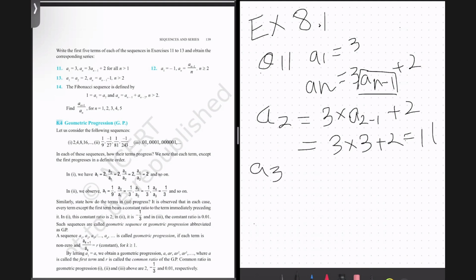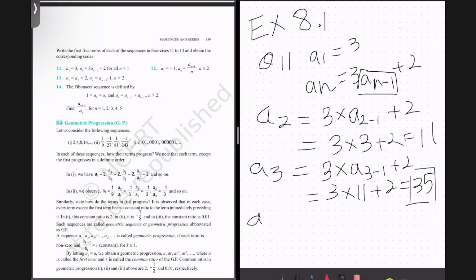Moving on to the third term, you have the third term described by 3 into A of 3 minus 1 plus 2, so that is nothing but 3 into A of 2, which is 11, plus 2, so that is 33 plus 2, that is nothing but 35, correct? A of 4 is nothing but 3 into A of 3 plus 2, which is nothing but 3 into 35 plus 2. 3 into 35, 105. 105 plus 2 is equal to 107, and that is your fourth term.